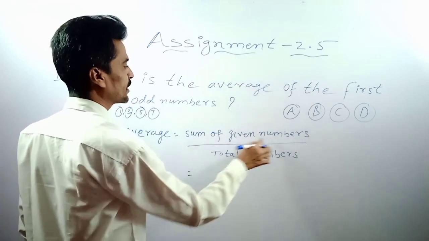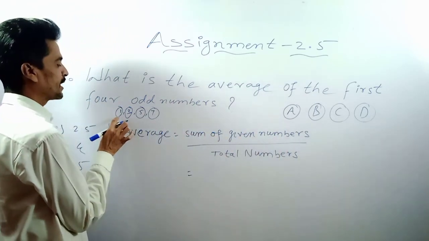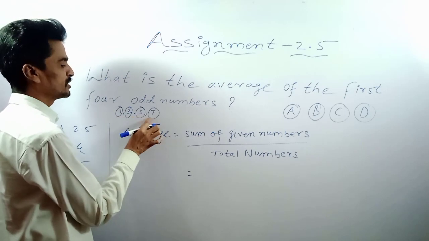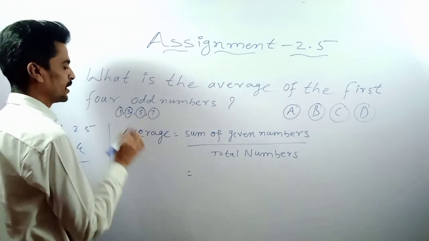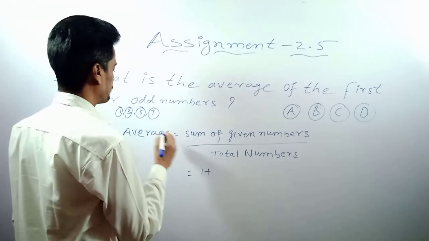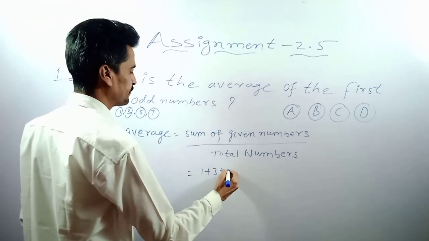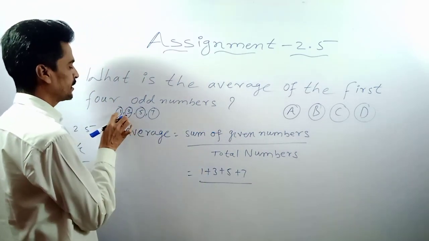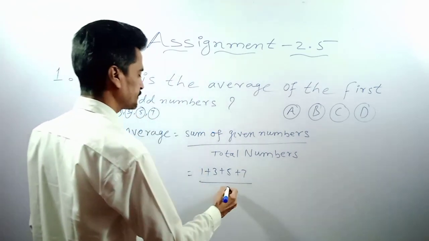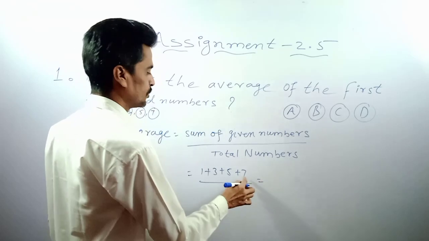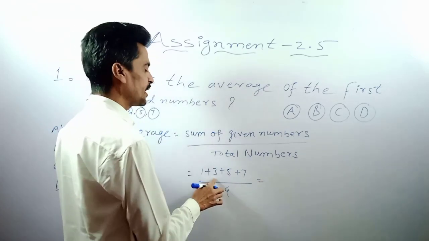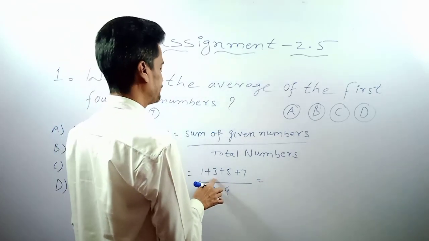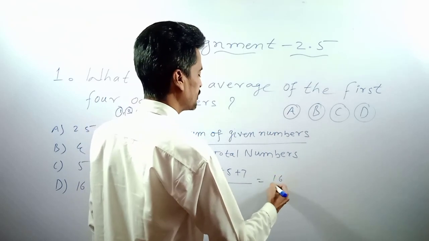Average equals sum of the given numbers. So we need to arrange these 4 odd numbers in addition form. 1 plus 3 plus 5 plus 7 upon how many total numbers? 1, 2, 3, 4. Equals 7, 5, 12, 3 what? 15 and 1, 16. 16 upon 4.